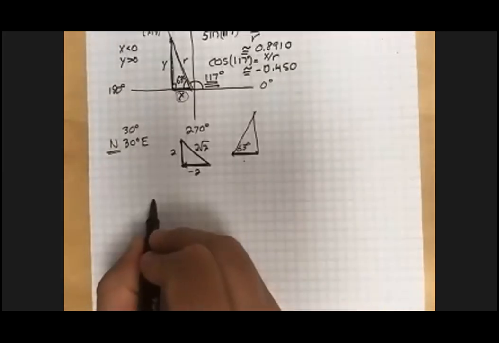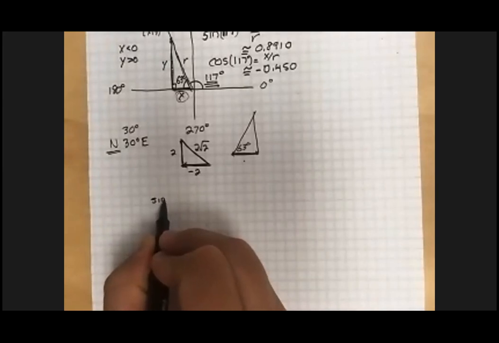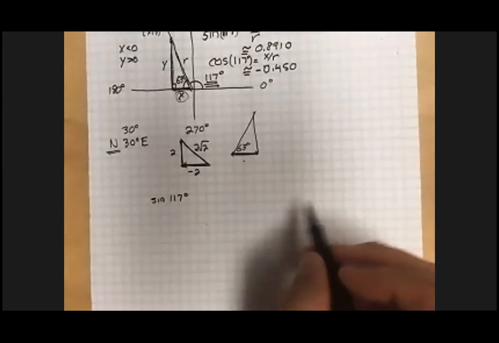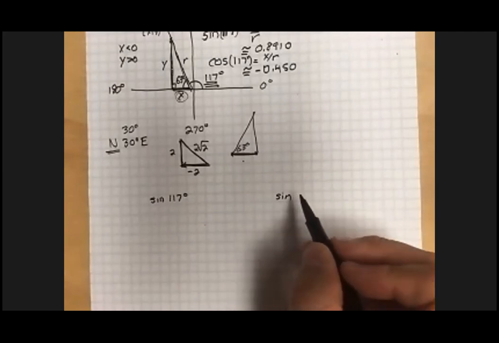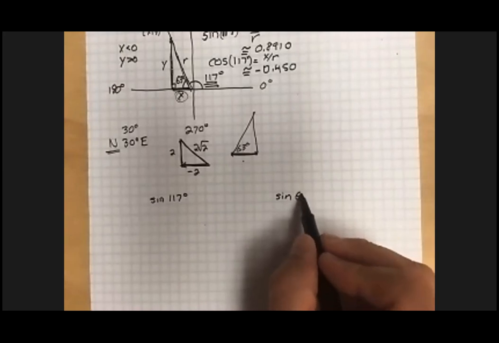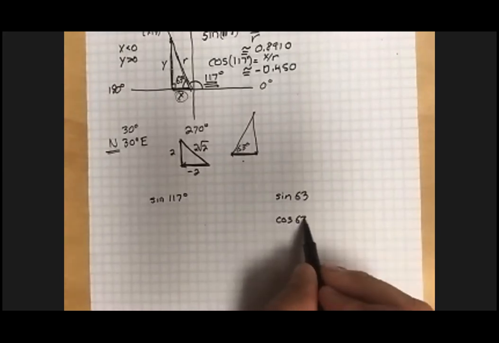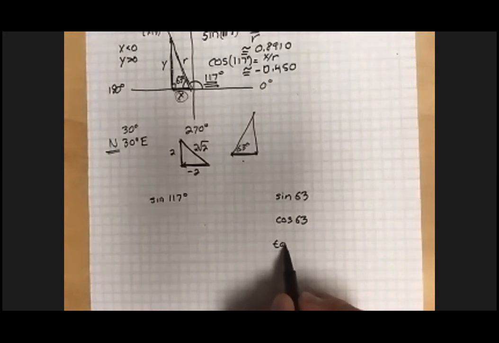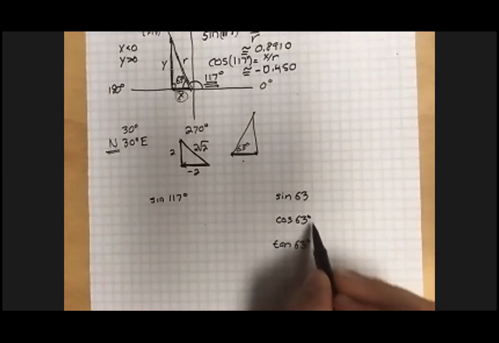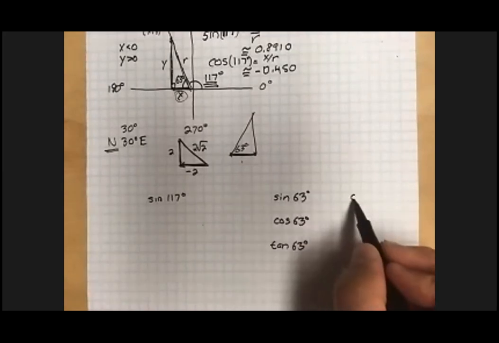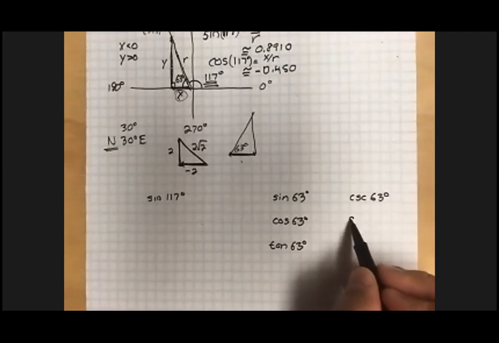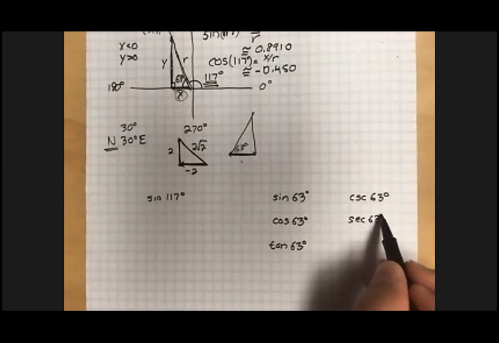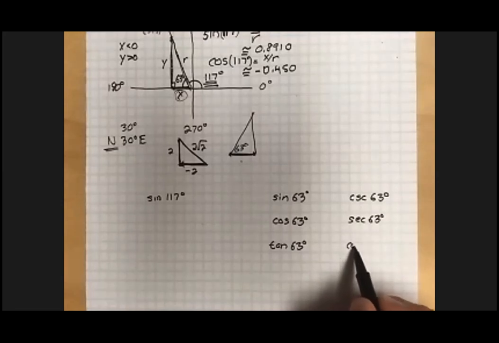So let's say I've got sine of 63, cosine of 63, tangent of 63, cosecant of 63 degrees, secant of 63 degrees, cotangent of 63 degrees.